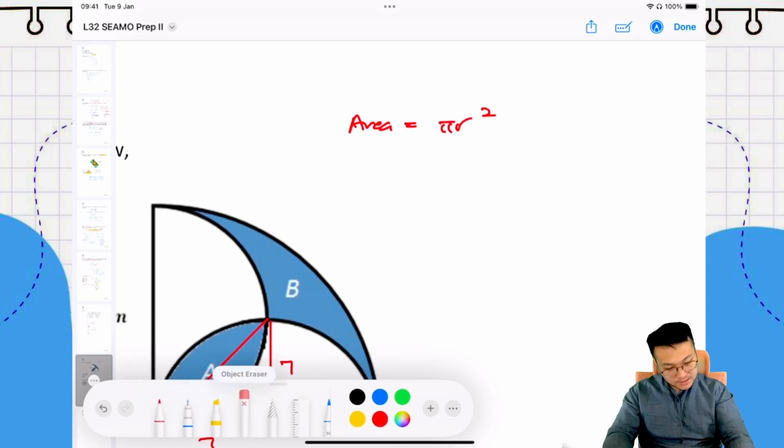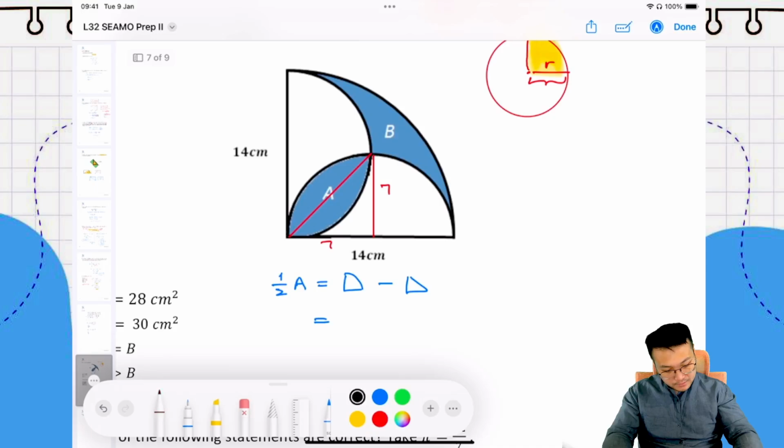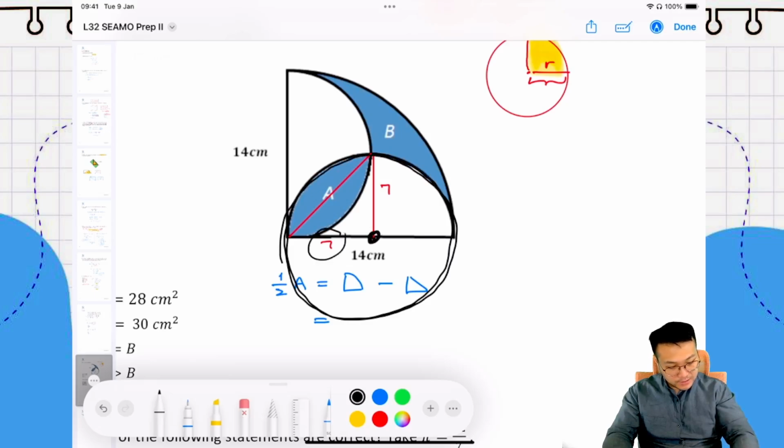The radius of a circle, just to revise with you, is from the center of the circle to the side of the circle. Even if you have a quadrant, the radius must still be here, from the center of the circle to the side of the circle. So if you look at this quadrant, you must imagine that there's a very big circle here. This is the center of the circle. So the radius is 7.